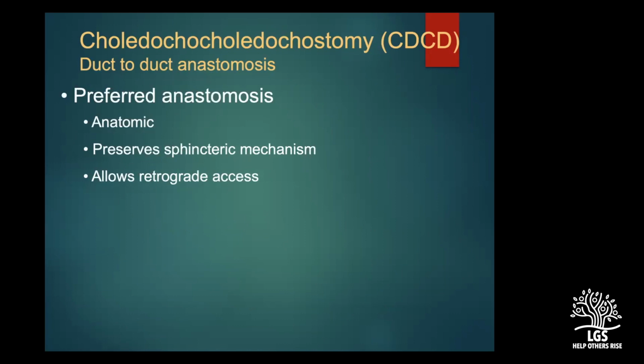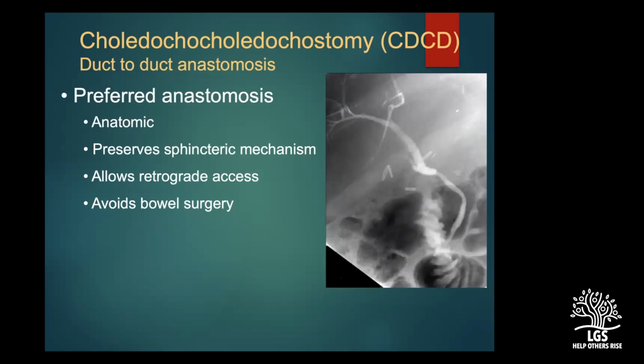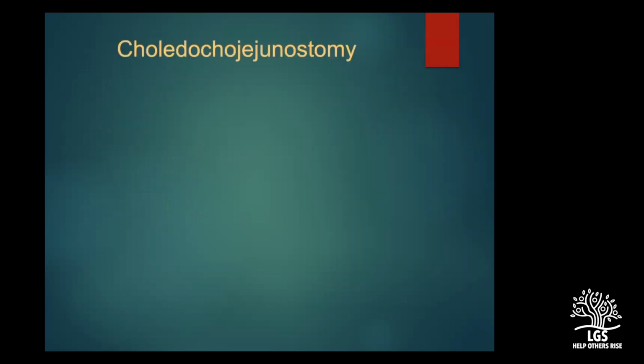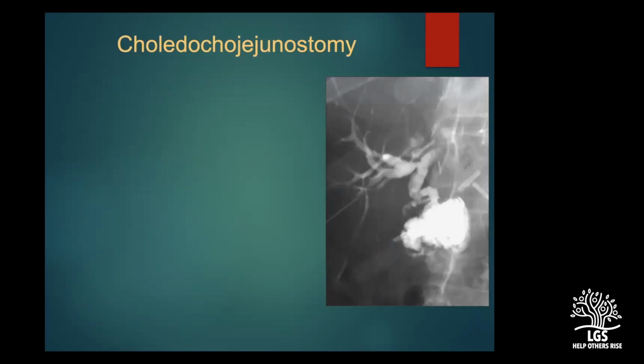So we always have a backup plan. Even if the patient is referred to us for PTBD and we cannot do it, we know there is ERCP, another technique available to treat this kind of problem. So that's the duct-to-duct anastomosis, and the other anastomosis we have is the choledochojejunostomy. We need to get ourselves involved here, as probably there is no role for an endoscopist.